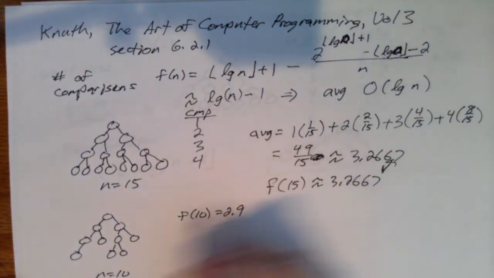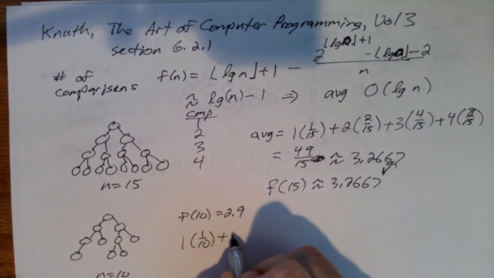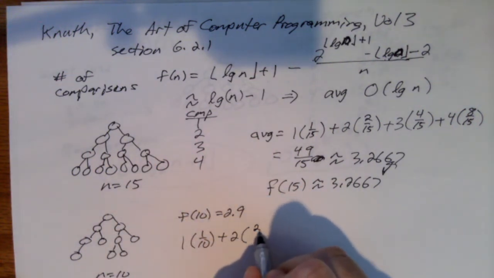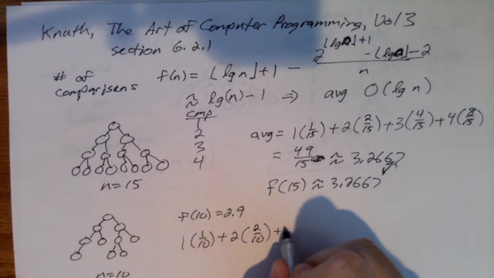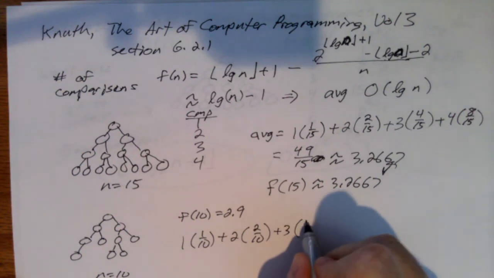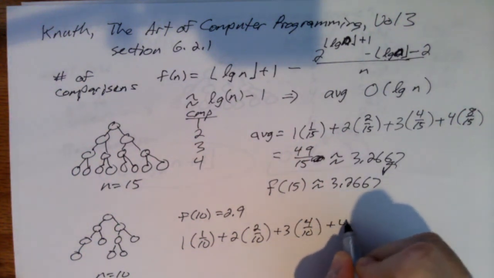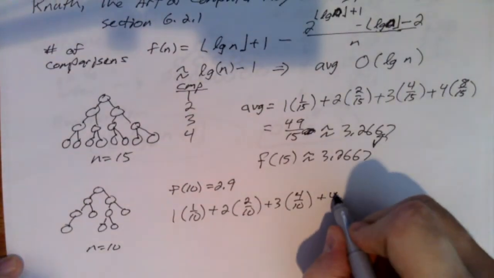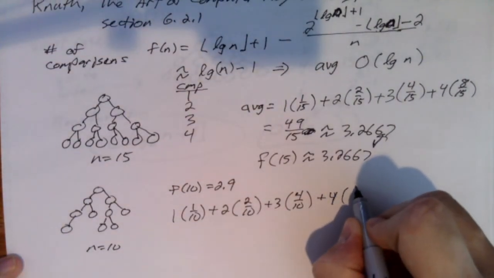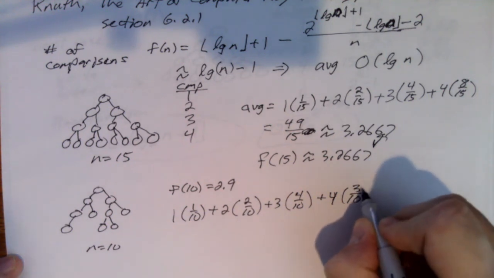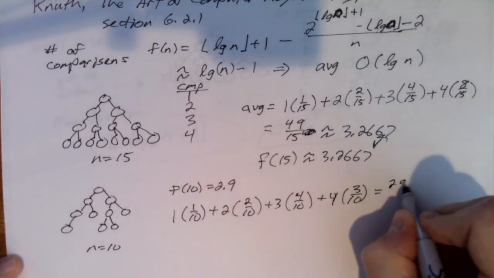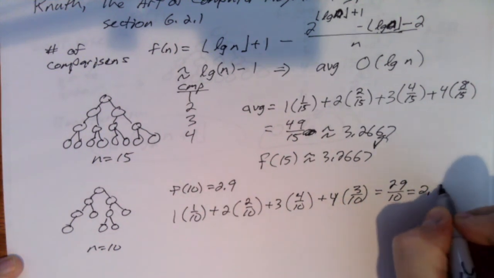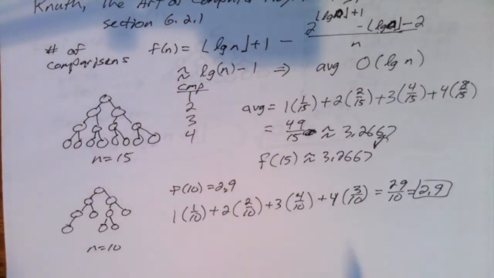And my method, once again: 1 out of 10 values have a cost of 1, 2 out of 10 have a cost of 2, 4 out of 10 have a cost of 3, and 3 out of 10 on the last row have a cost of 4. So that's 29 over 10, which is 2.9. Same thing as here.